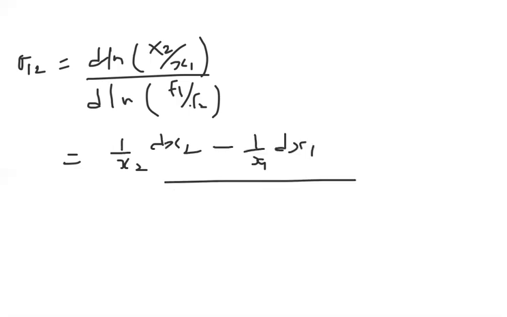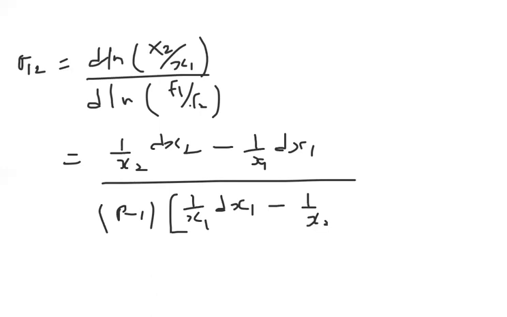And when we differentiated ln(f1/f2), we had (5-1)[(1/x1) dx1 minus (1/x2) dx2]. So this is what we had.